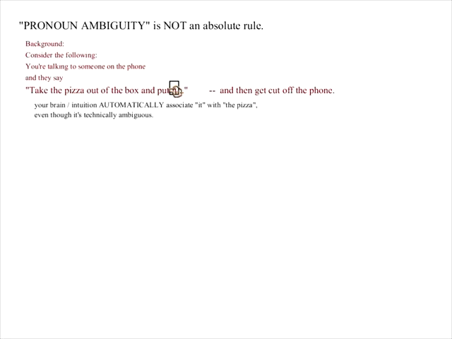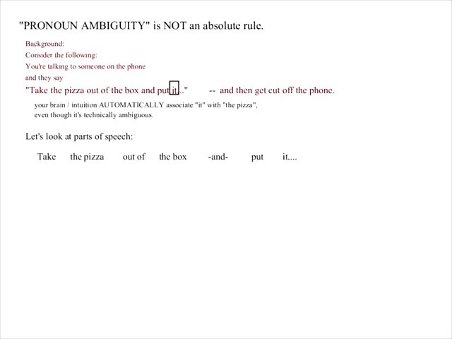Okay, so we're looking at parts of speech. Let's do an analysis and see precisely what is going on here. Take the pizza out of the box, and then "and" is a conjunction, put it.